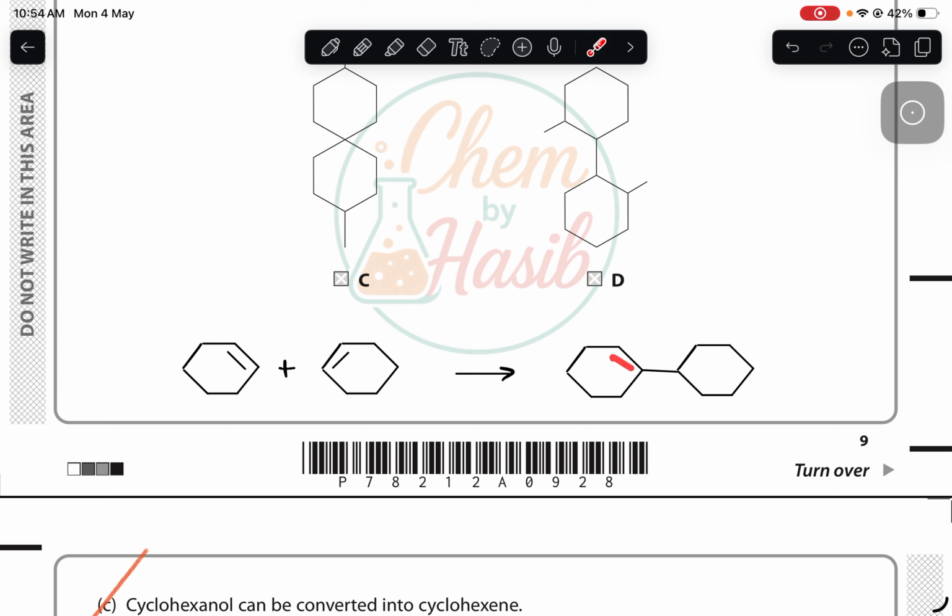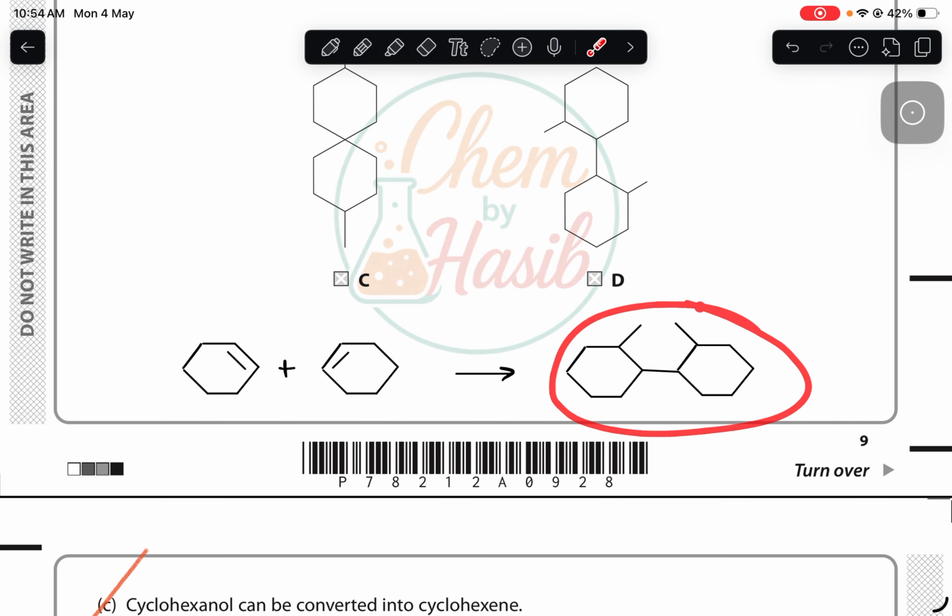The double bonds would disappear, and they would form one bond here and one bond here. This bond would bind to another monomer, this bond will bind to another monomer, right?